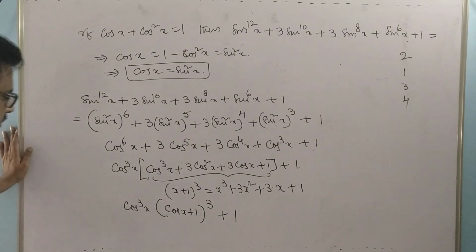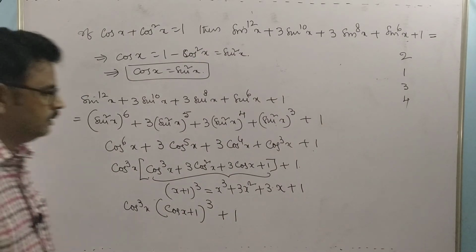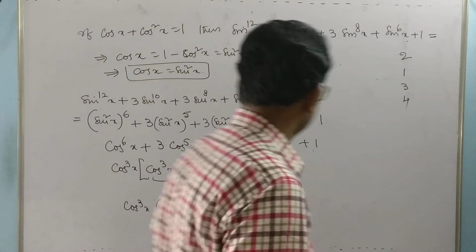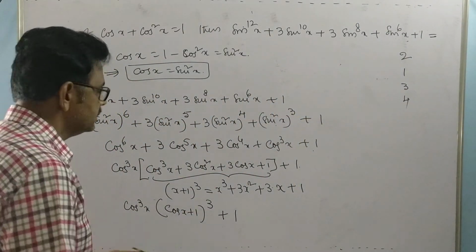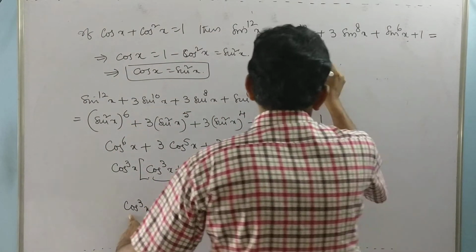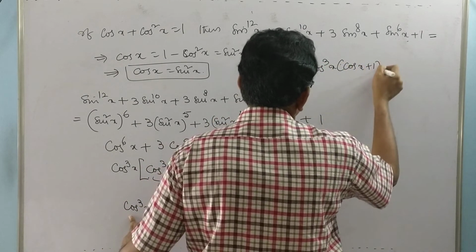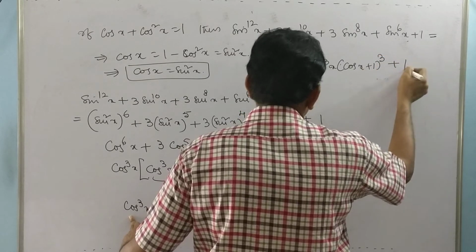So this you write, this is equal to cos cube x into cos x plus 1 whole cube plus 1.